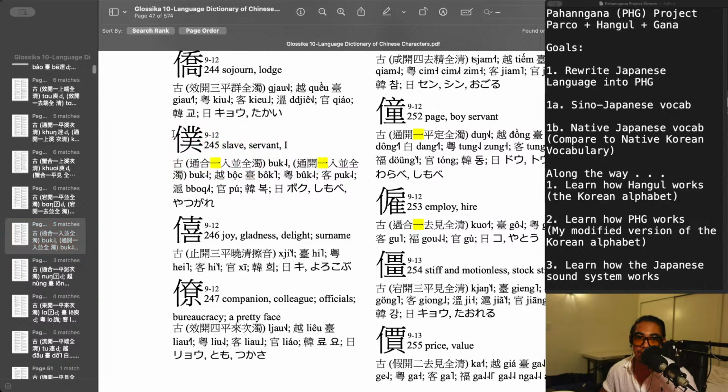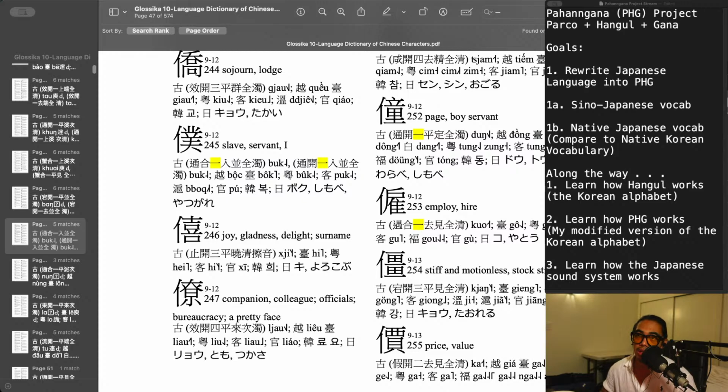This character has the character, of course, and it also has the different pronunciations. So here we have the Korean, which is Bok, and this character happens to be Boku. I just happened to stop on this one by chance. This is the I that Japanese, usually younger men, use, Boku.